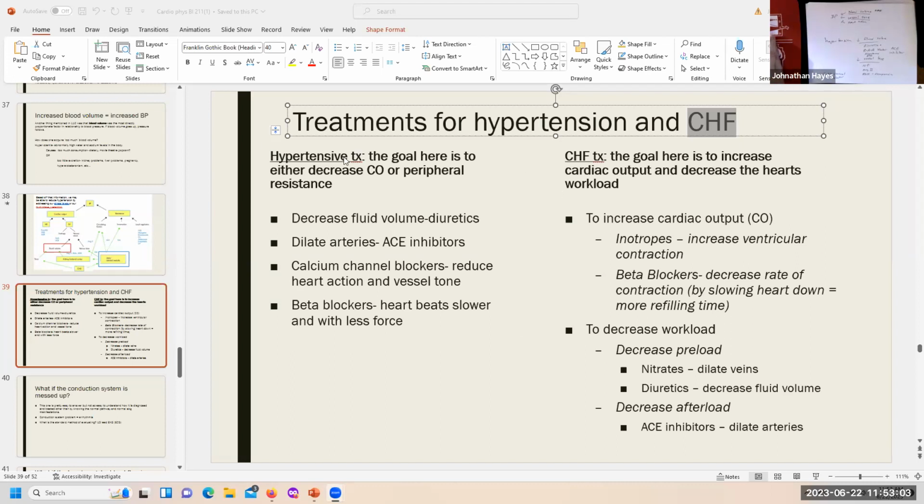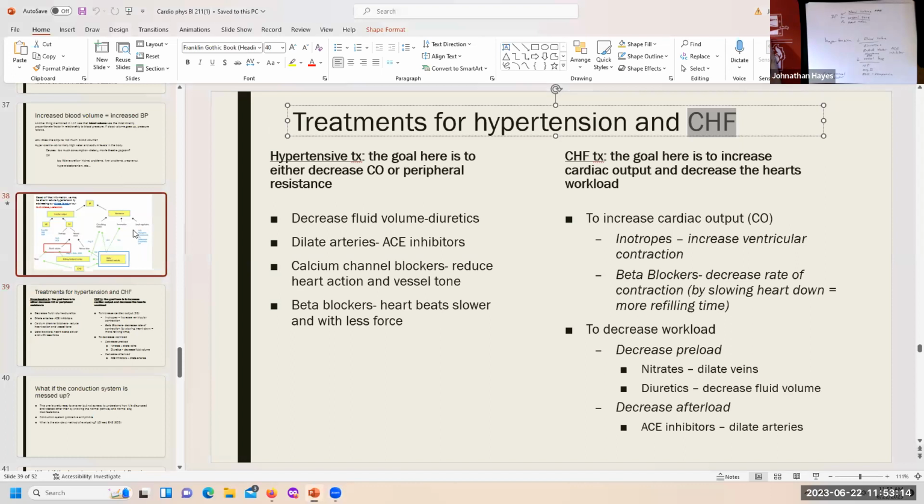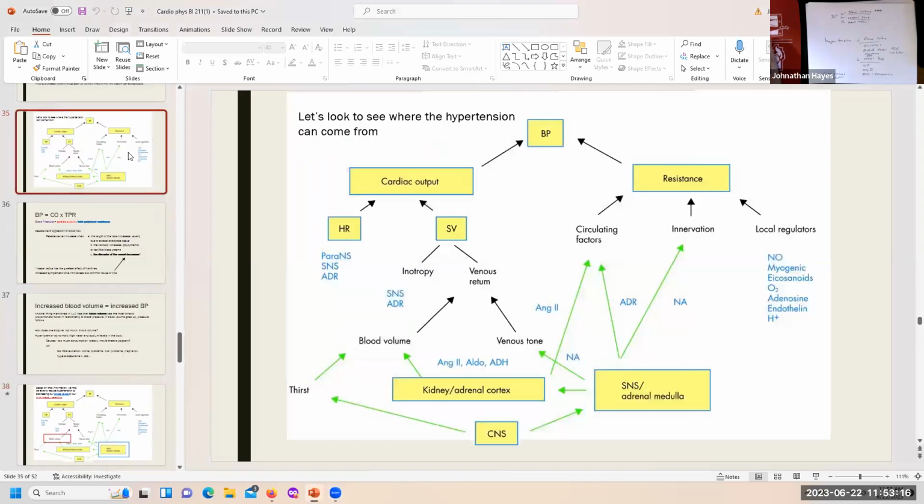And vice versa. Obviously, hypertension is going to be the thing you're fixing in most people, because chronic hypertension is going to lead to cardiomegaly, because we're having to overcome higher peripheral resistance, right? And there's a formula that says mean arterial pressure, which has to do with blood pressure, is a reflection of cardiac output times total peripheral resistance.